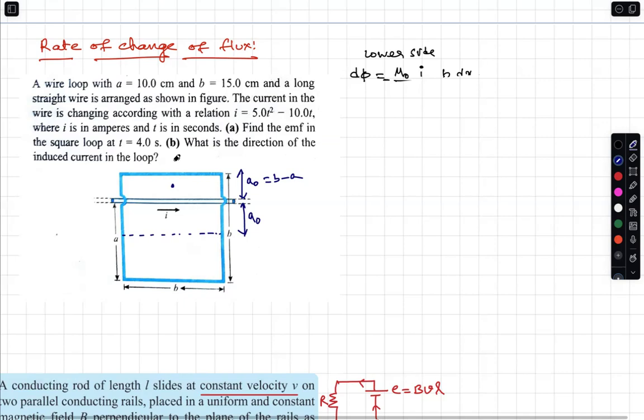Right hand grip rule. So thumb is rightwards. The remaining four fingers are outwards. You have an outward field like this. And you have an inward field like this.